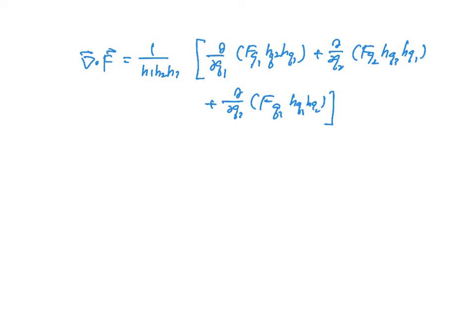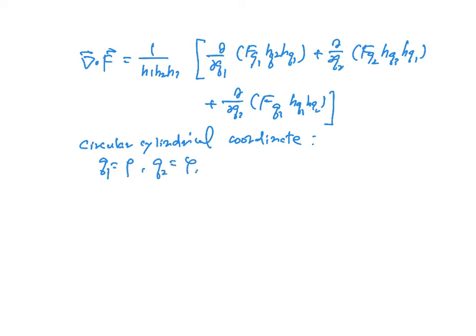So the cylindrical coordinate, circular coordinate system. Q1 is rho, Q2 is phi, Q3 is z. H1 is 1, H2 is rho, H3 is 1, right?